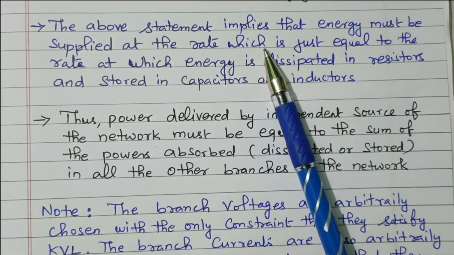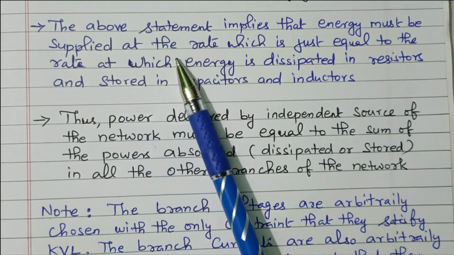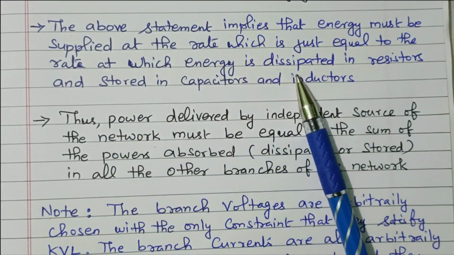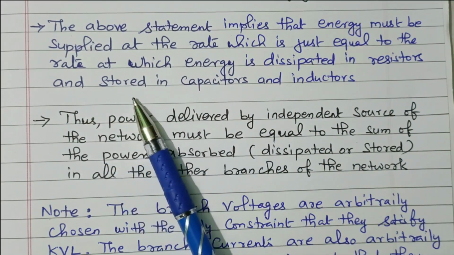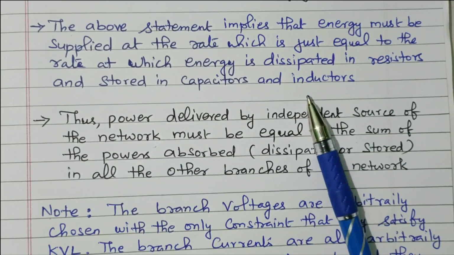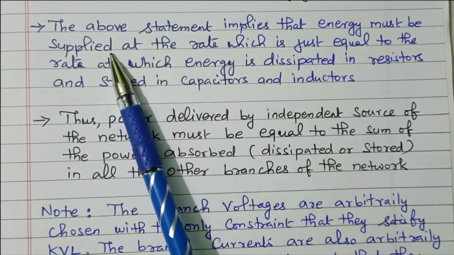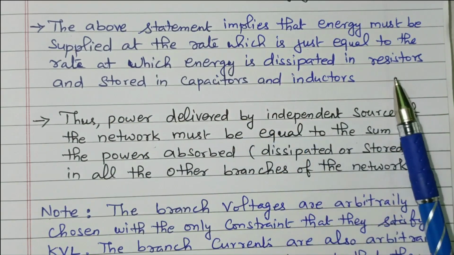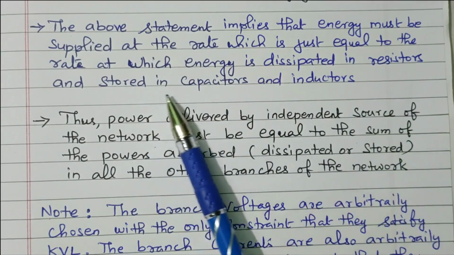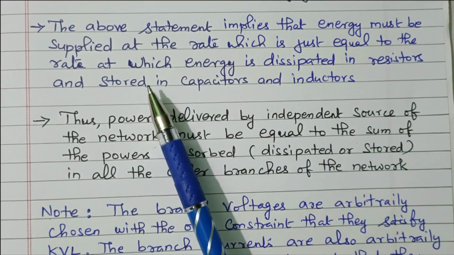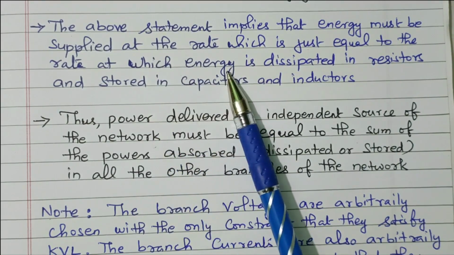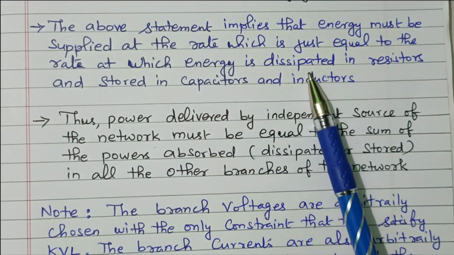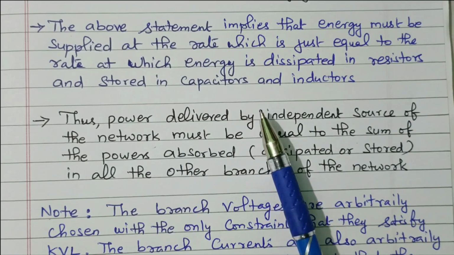The above statement implies that energy must be supplied at a rate which is just equal to the rate at which energy is dissipated in resistors and stored in capacitors and inductors. So what is the energy supplied? It is equal to the energy dissipated. Energy is dissipated in the resistor, and in the case of capacitor and inductor, energy is stored. So the energy supplied is equal to the energy dissipated, so that we get net power as 0.